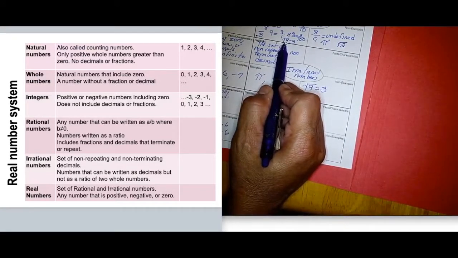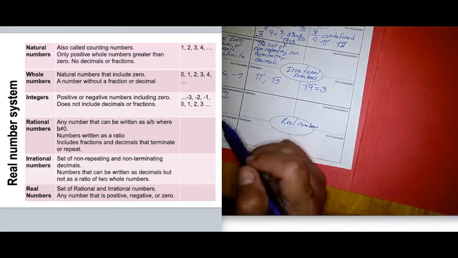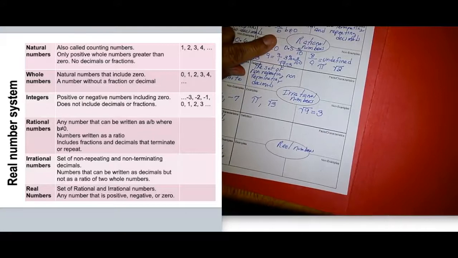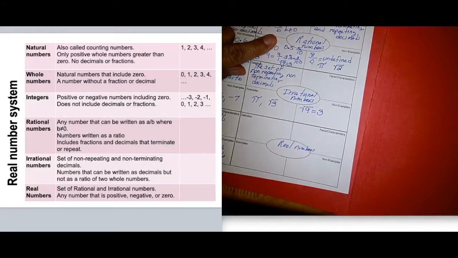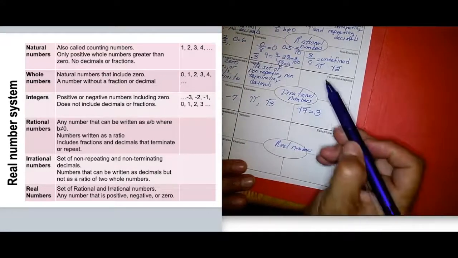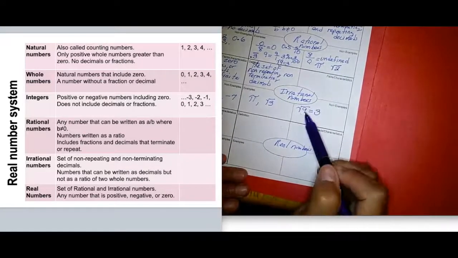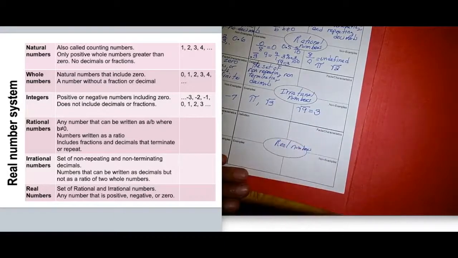So if a square root can be simplified, it is considered rational. How do you know? If a student is unsure, they could try it on their calculator to determine and simplify their square roots. If a square root keeps on going and keeps on going, it is considered irrational.